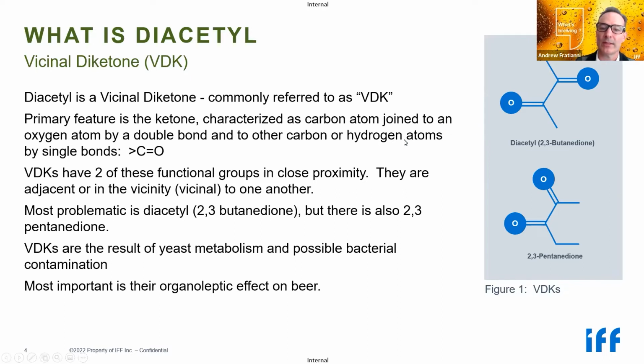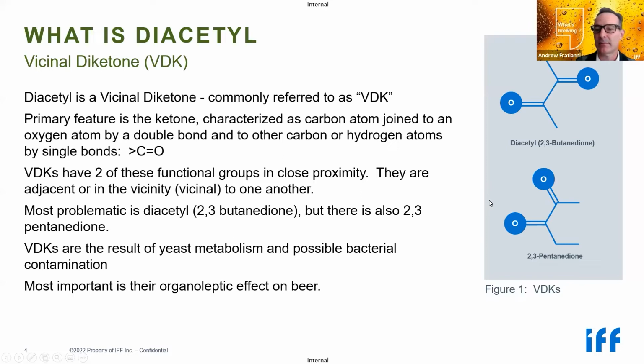So this is where we get vicinal diketones. Normally, when we're talking about VDK, it's primarily diacetyl, which is 2,3-butane dione, but you could also have 2,3-pentane dione.